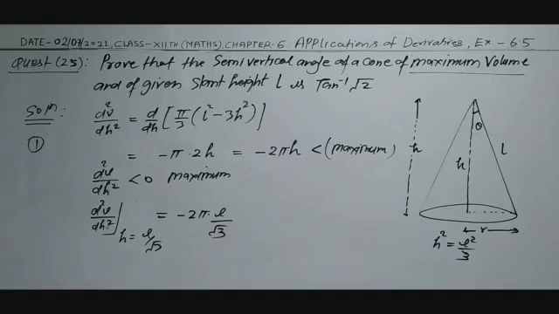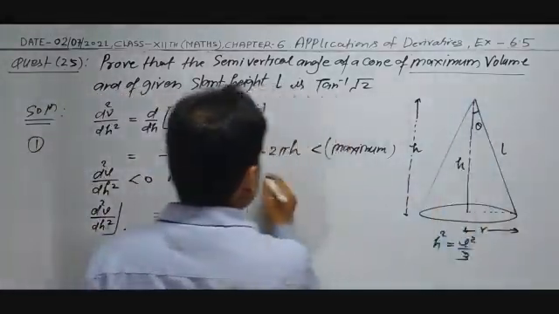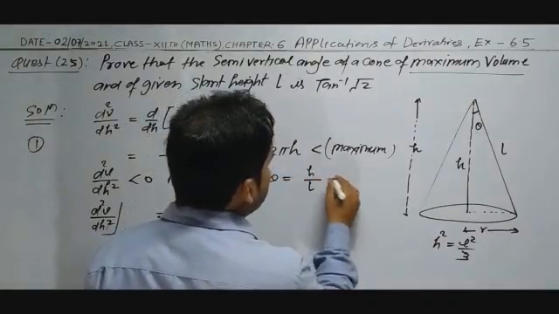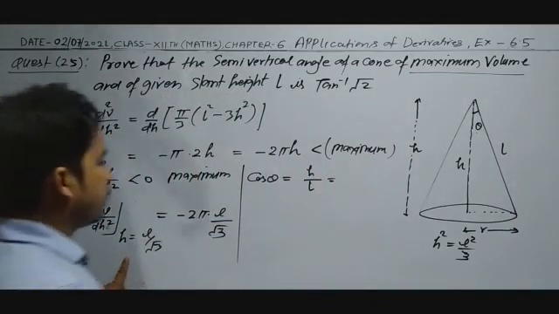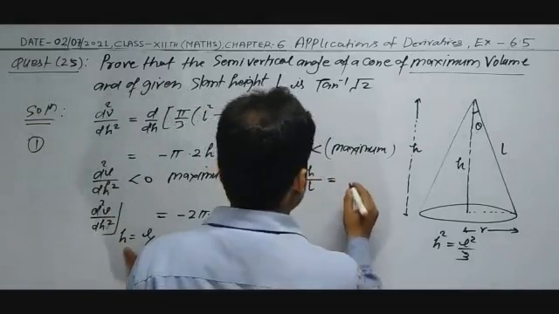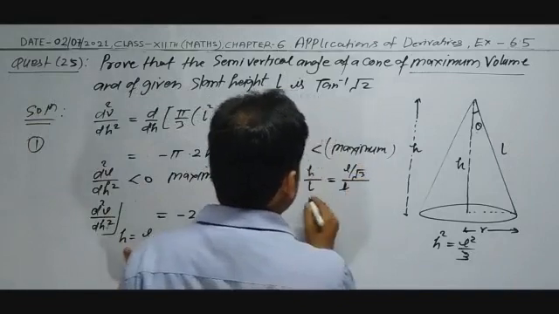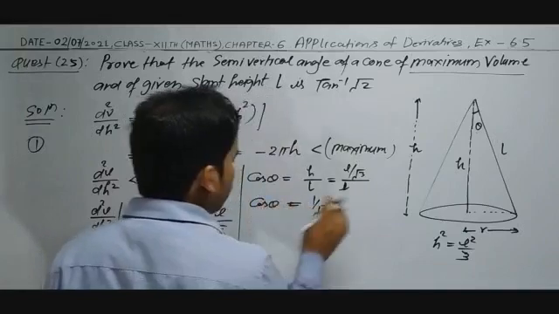This is the second derivative of the function at h equal to L by root 3. Now you can take from the figure, in this triangle cos theta is base upon hypotenuse, that is h by L. The result will be 1 by root 3, since h is L by root 3 whole upon L. So its value is 1 upon root 3, which means the cos theta value is 1 by root 3.